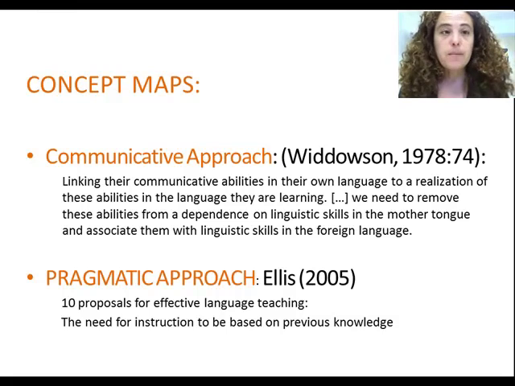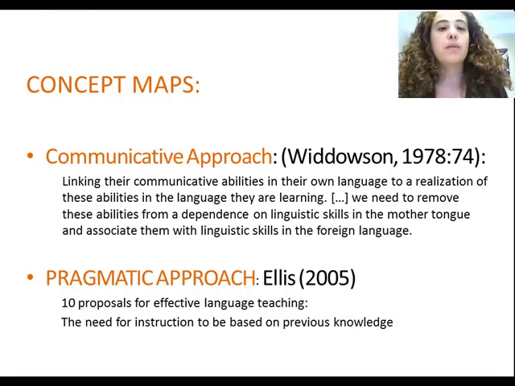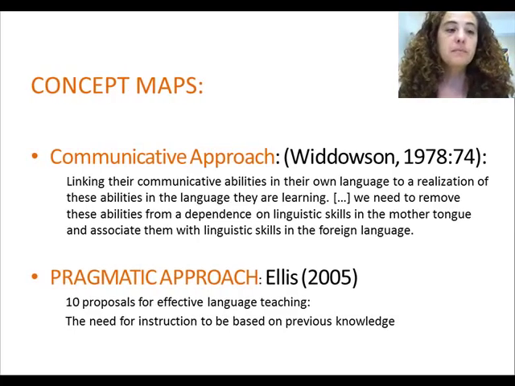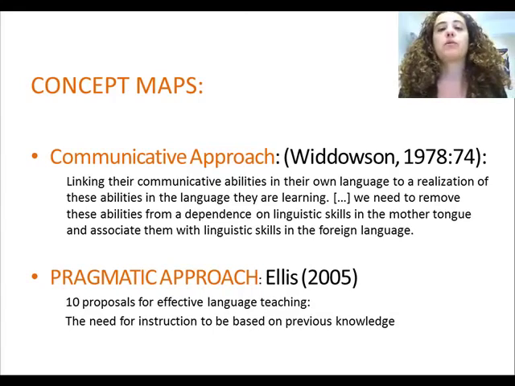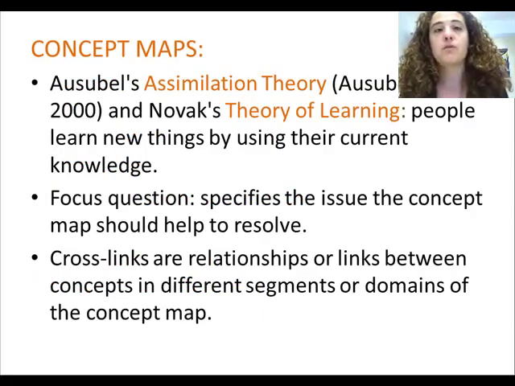Also, this was retaken by Ellis when talking about the pragmatic approach to language teaching. And he launched 10 proposals for effective language teaching, among which the need for instruction to be based on previous knowledge, that is, in our first language.